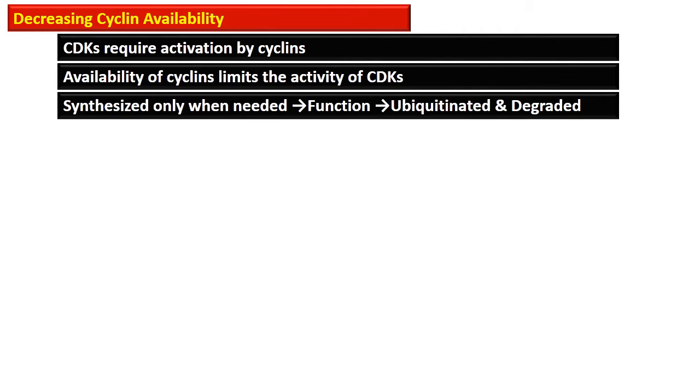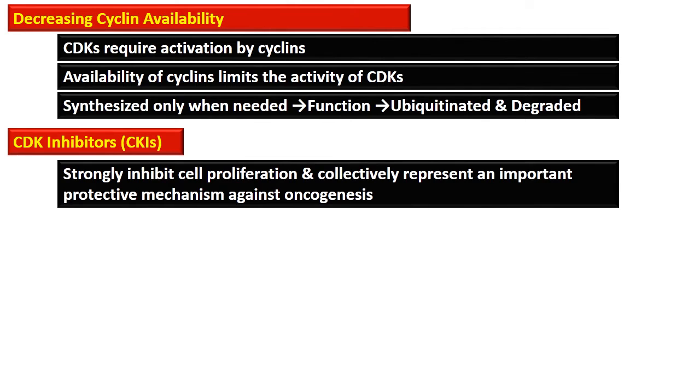They perform their function, then are ubiquitinated and degraded by the ubiquitin protease system. The cyclin-dependent kinase inhibitors, or CKIs, strongly inhibit cell proliferation and collectively represent an important protective mechanism against oncogenesis, as we have seen earlier in the picture.